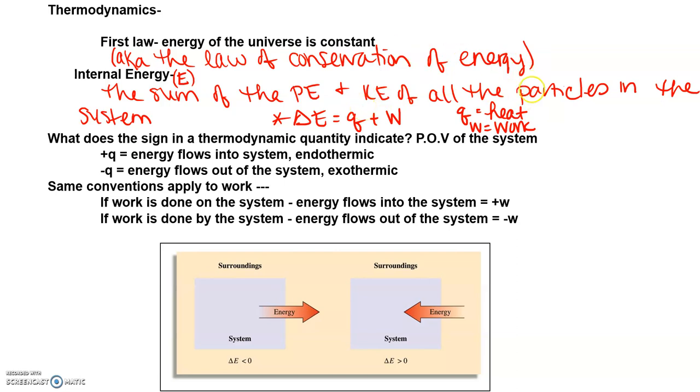It's not the same thing, but they are proportional. And so that's where the heat comes from. And as you'll see on the next slide, I believe, work has to do with potential energy.